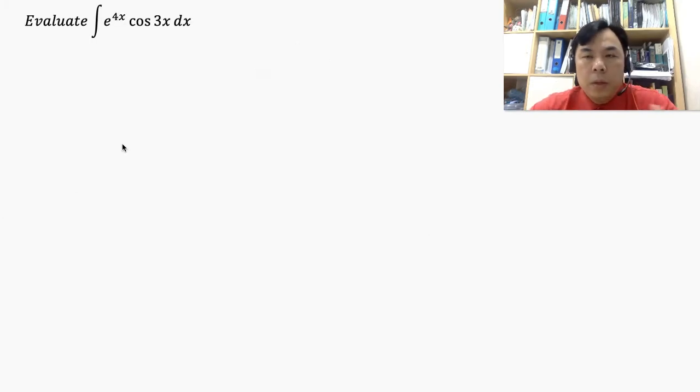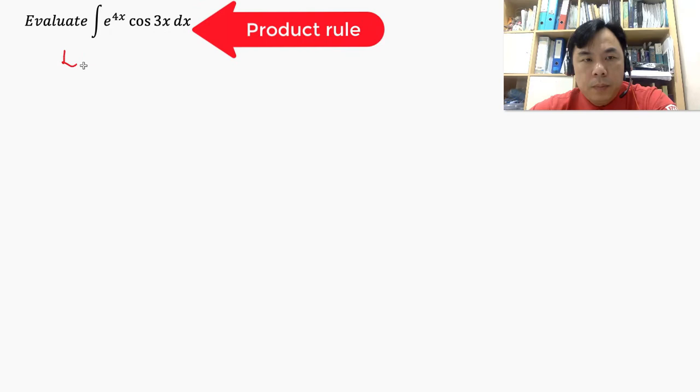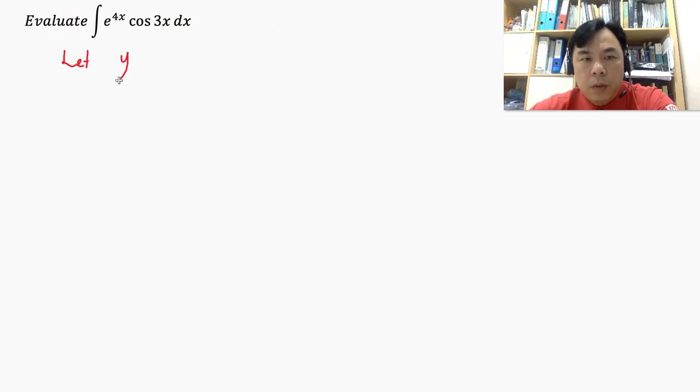Okay, now we're going to start by revisiting the product rule. So here I'm going to let y be a function that consists of the product of two different functions, u and v, where u could be a function of x, and v could be another function of x also.